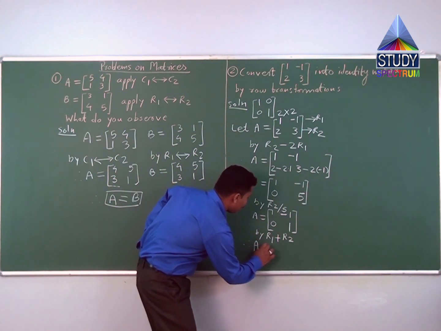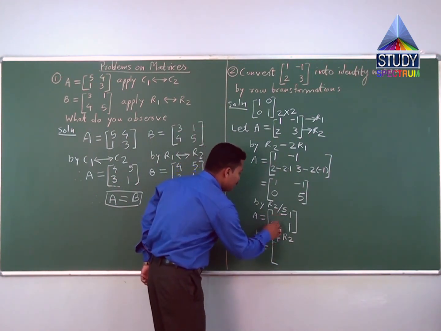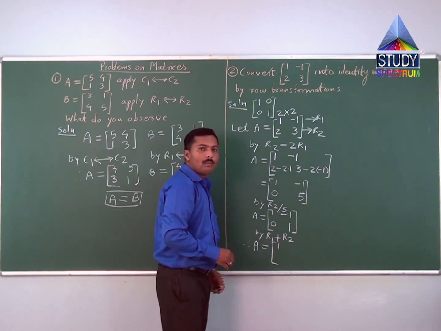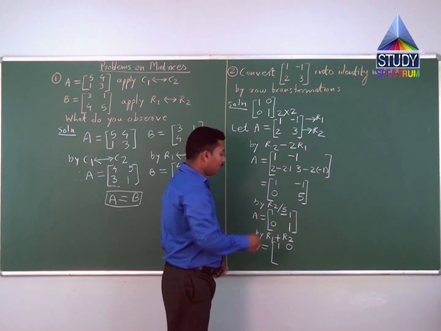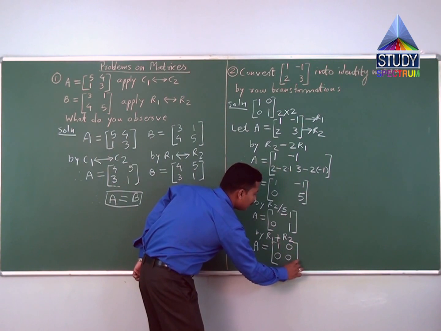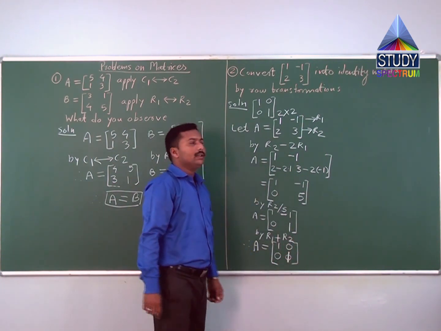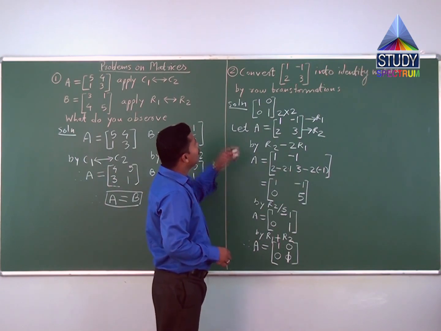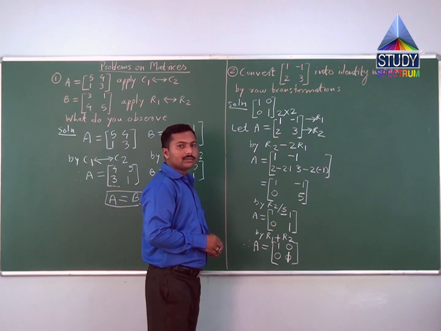Therefore A equals 1 plus 0, 1, minus 1 plus 1, 0, and the second row as it is. So the second row is 0 1. In this manner we convert the given matrix into an identity matrix.